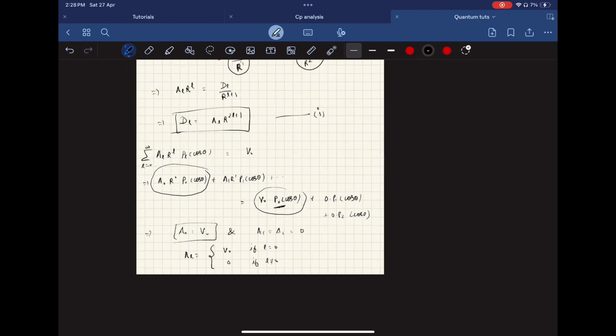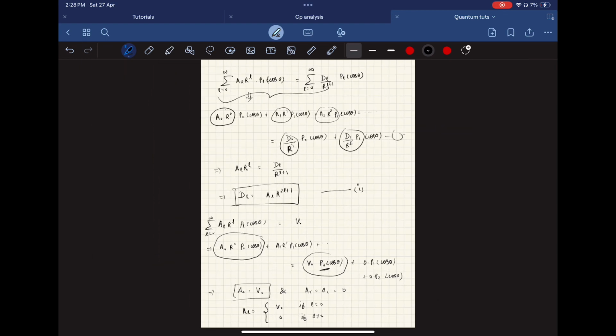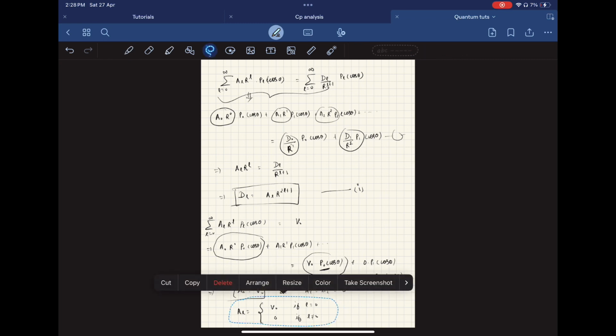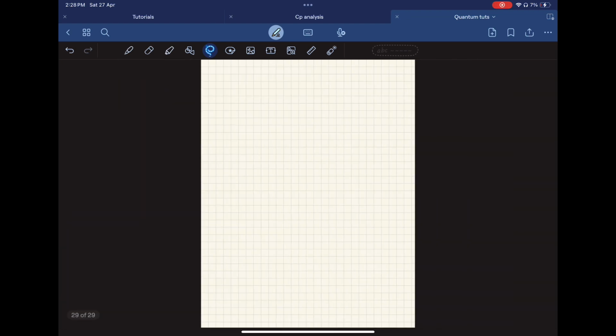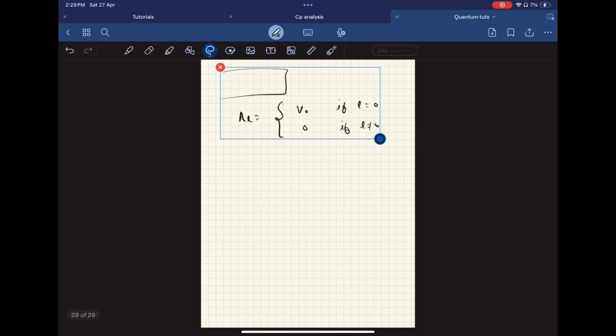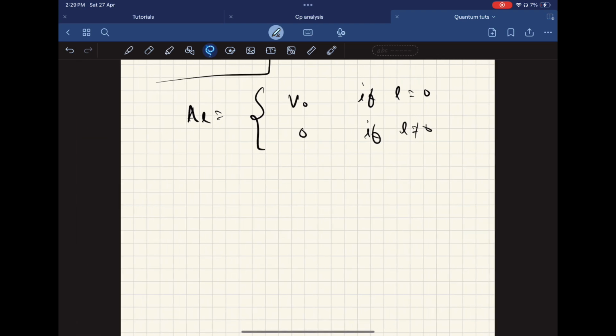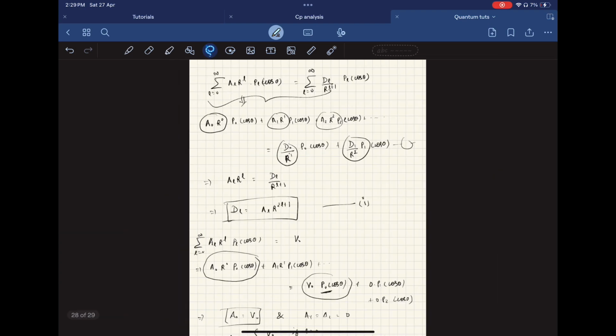So from here, let's put this. So we have this, and we also have this equation dl equals al into r to the power 2l plus 1.